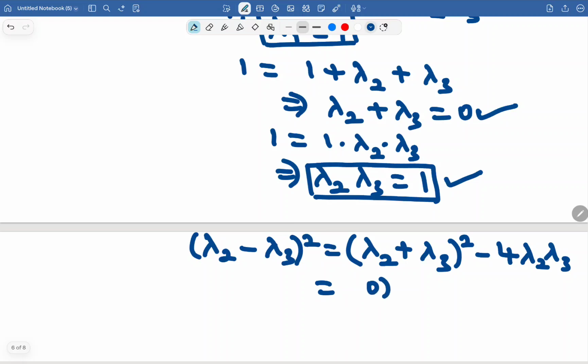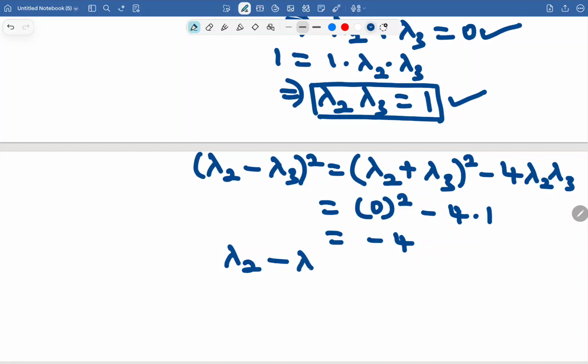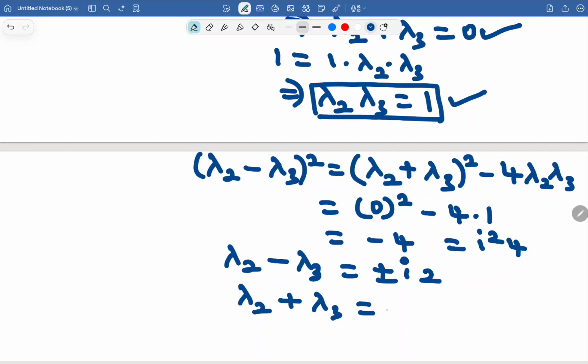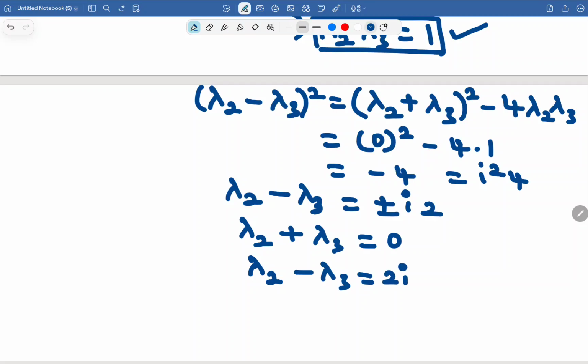Lambda 2 plus lambda 3 is 0, and lambda 2 minus lambda 3 is 2i.